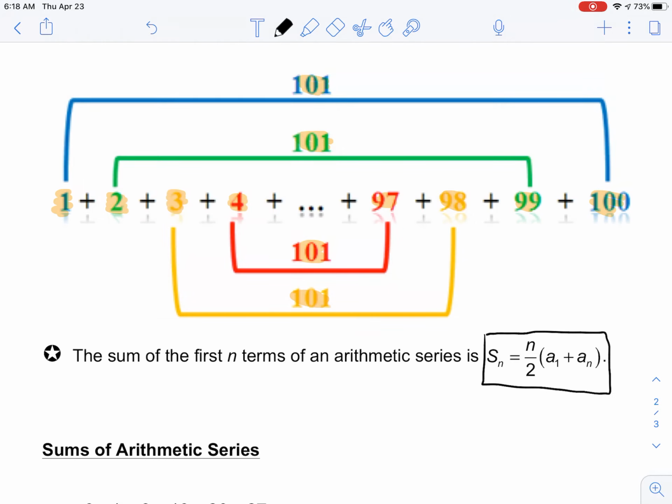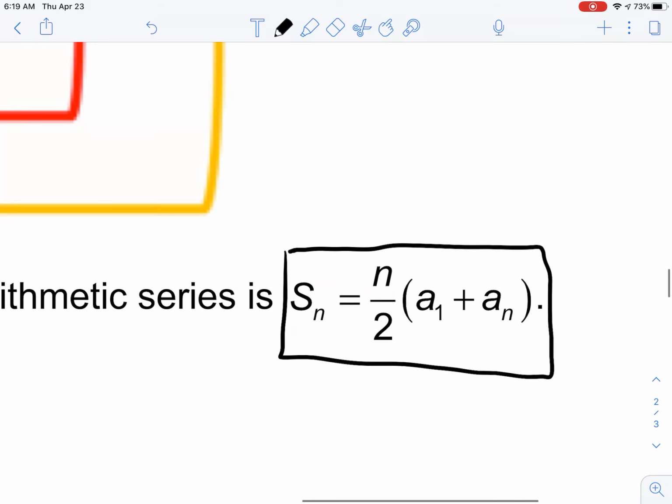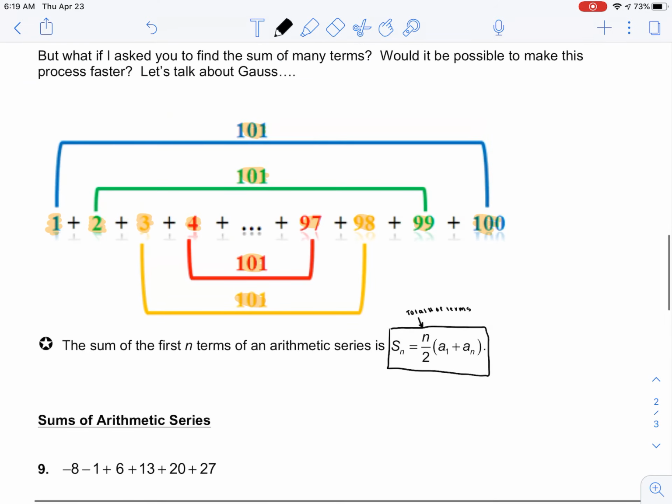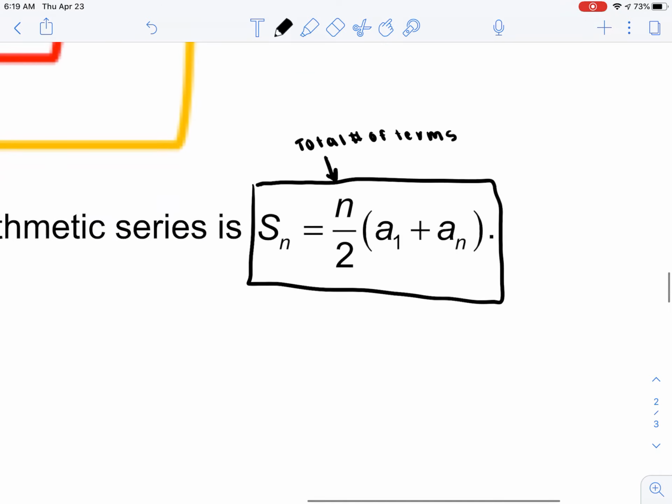If you want to find the sum of the first n terms of an arithmetic series, you are going to find the sum of those terms by taking the total number of terms, so n is the total number of terms, which in the last problem was 100. You're going to divide it by 2, and the reason you're dividing it by 2 is because that's the number of sets of that quantity you're going to get, because we're pairing those numbers up.